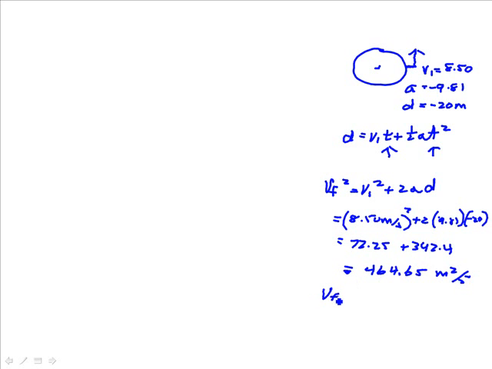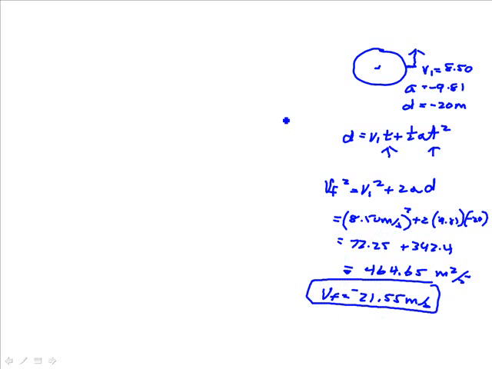So vf is going to be the square root of that, and it's 21.55 meters per second. And of course we know that it has to be down. When it hits the ground, it's moving down. So there's your final speed when it hits the ground.